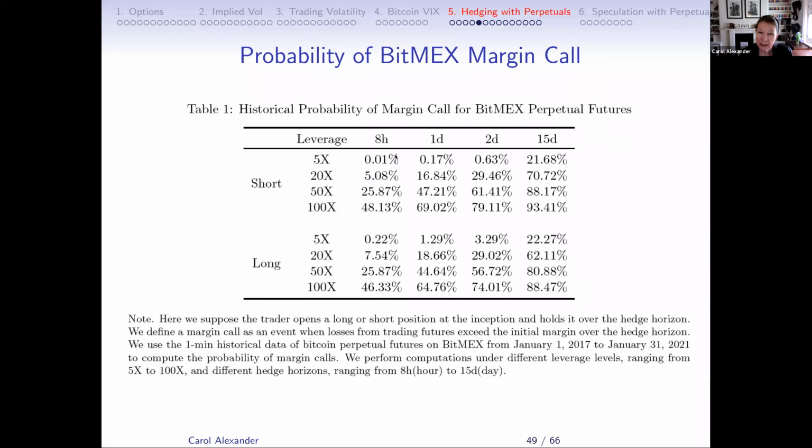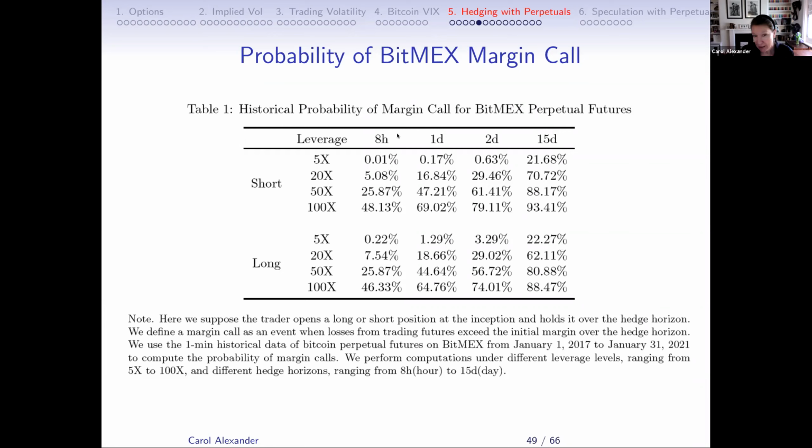And obviously the probability of a margin call will increase as the time that you hold the position increases, and also with the leverage. So if you only hold it for 8 hours, 8 hours being when the funding rates are reset and the funding payments are made, every 8 hours, 3 times a day.